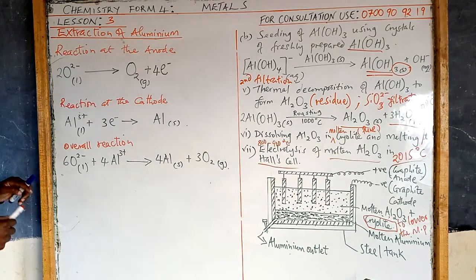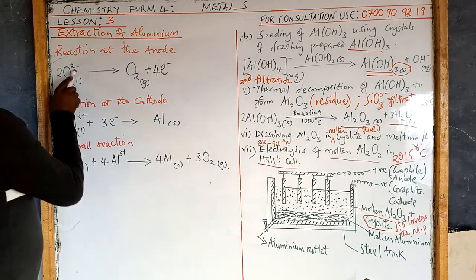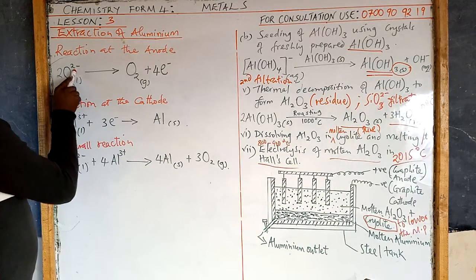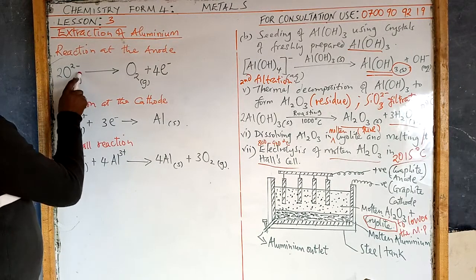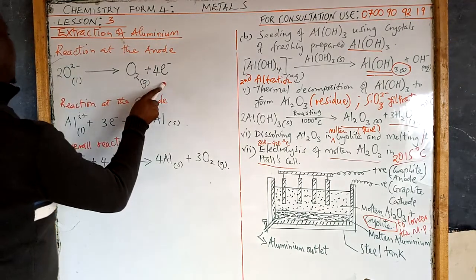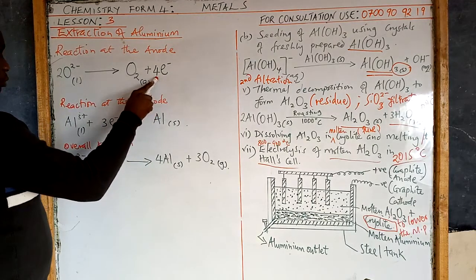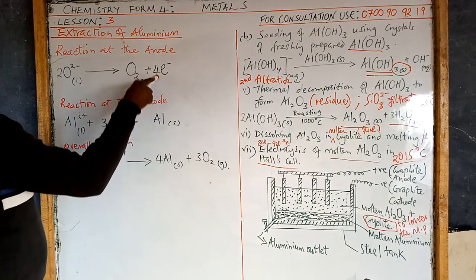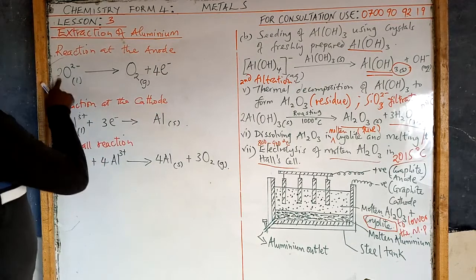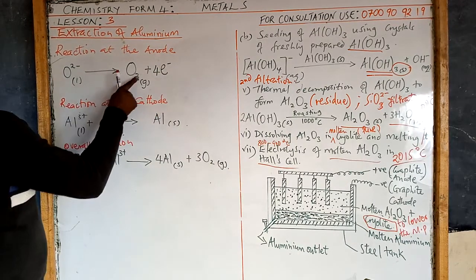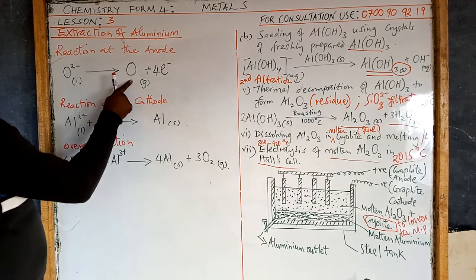So the oxide ions, the minus sign means they had gained electrons, so they lose them, the reverse process. So we minus 2 electrons. Now these are written as 4, but I'm saying 2 first. Then forming an oxygen atom.